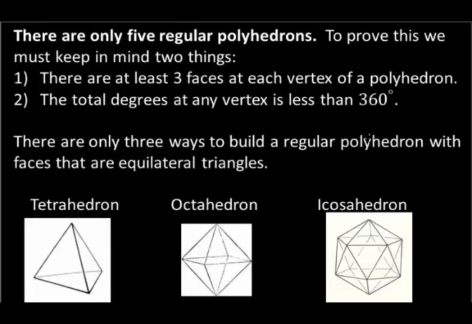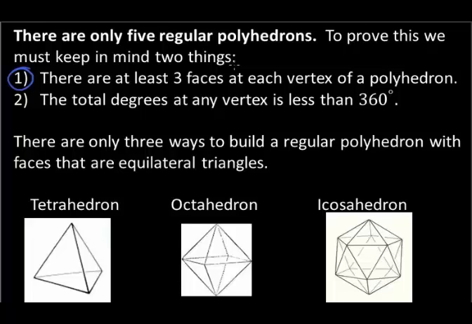And to prove this, you have to keep 2 things in mind. One, that if you build a polyhedron, there are at least 3 faces that have to meet at each vertex. You couldn't build a polyhedron with only 2 faces meeting at a vertex.